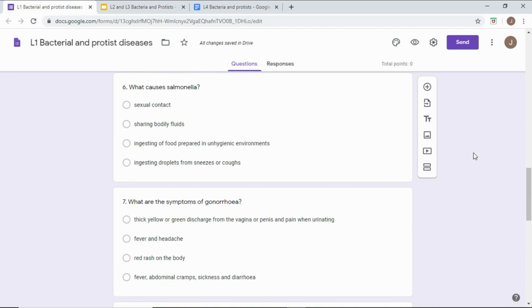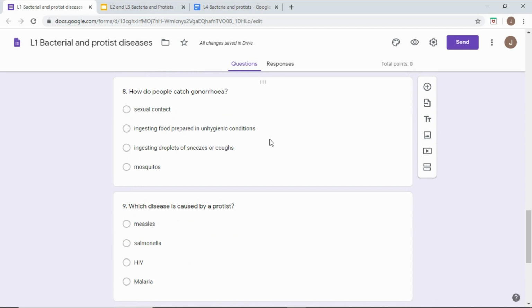What causes salmonella, you might ask? Sexual contact, sharing bodily fluids, ingesting food prepared in unhygienic environments, or ingesting droplets from sneezes or coughs. It is ingesting food prepared in unhygienic environments. It's a type of food poisoning.